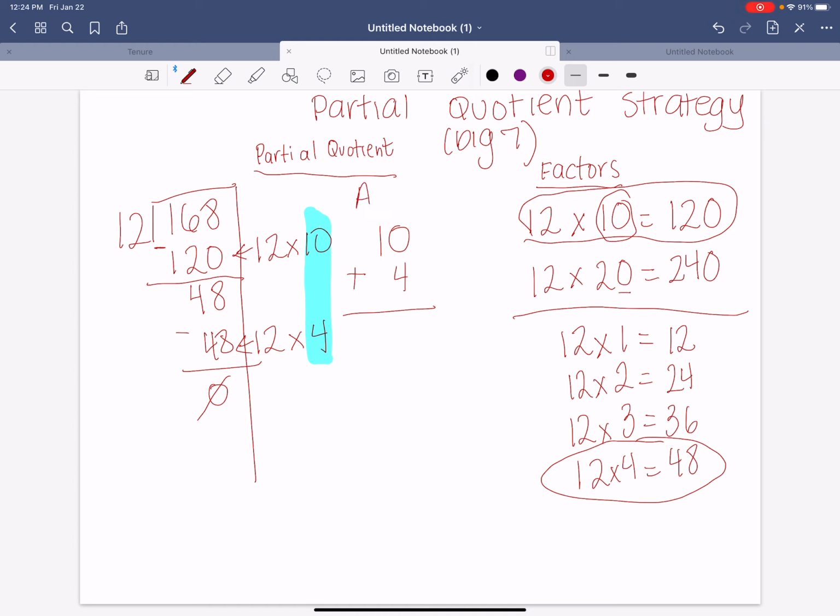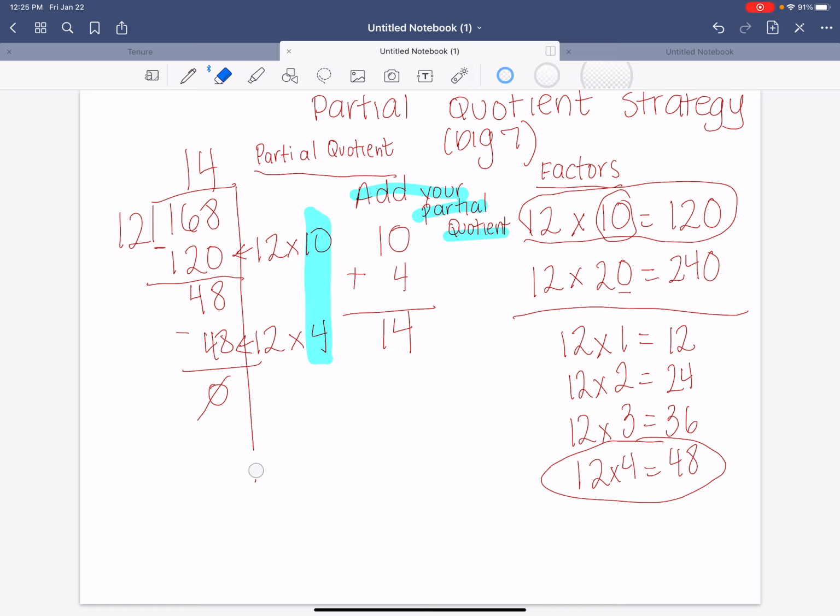So add your partial quotients. Okay, let me highlight that for you guys so you can see. We add our partial quotients, and we're left with 14. So that means 168 divided by 12 is 14.